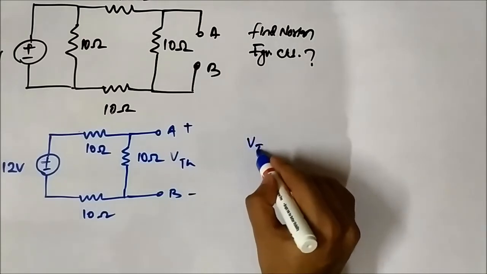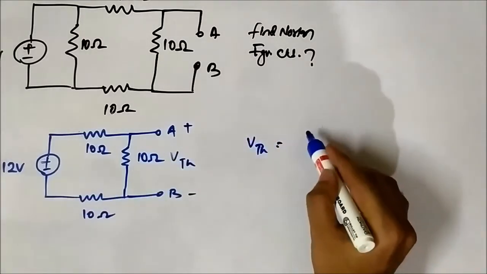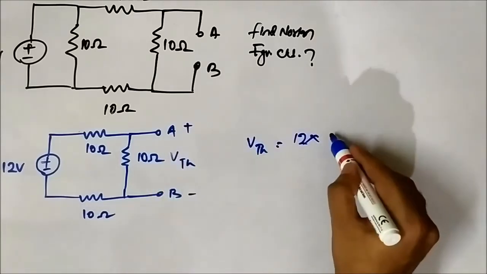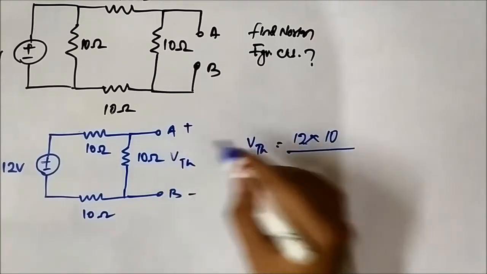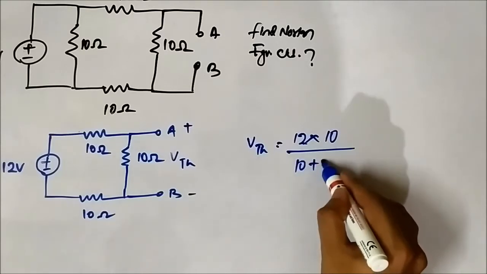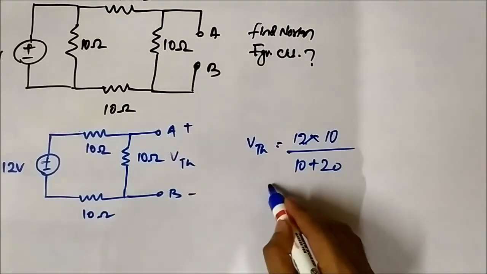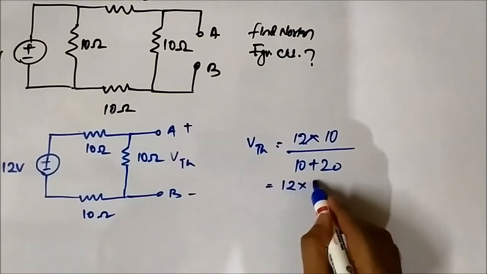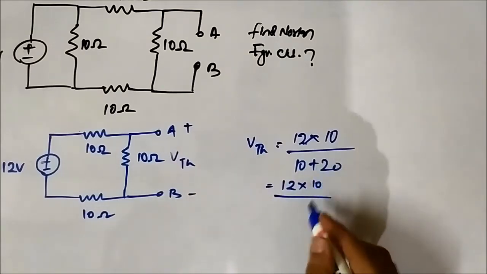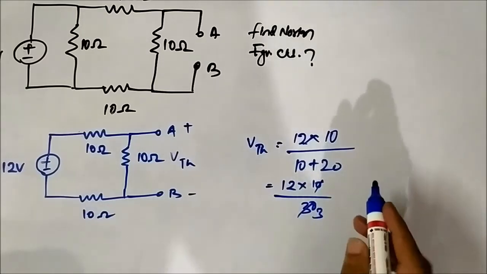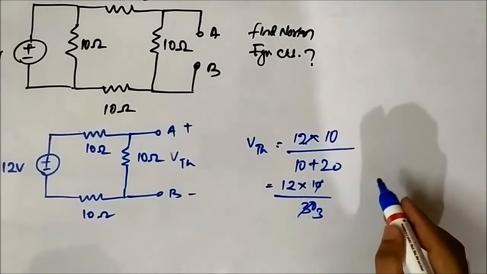VTH is simply found by applying the voltage division rule. It's 12 into the voltage drop across this 10 ohm resistor, 10 over 10 plus 20. Here it is 12 into 10 by 30, which is 4 volt.